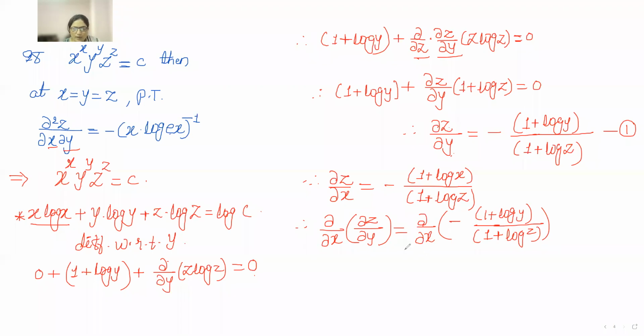Now this ∂/∂x again we can write as ∂/∂z into ∂z/∂x of (−(1 + log y)) divided by (1 + log z).